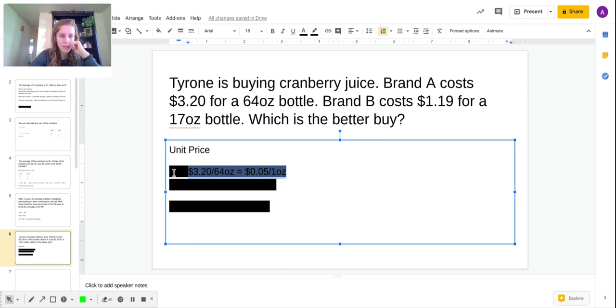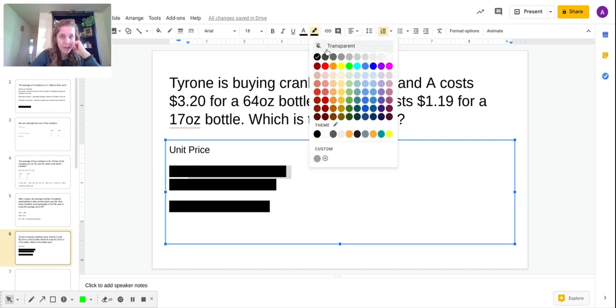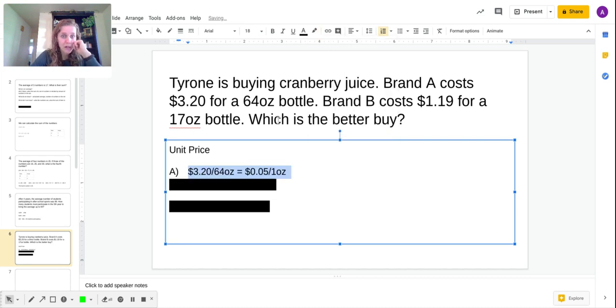So we're going to take $3.20 and divide by 64 ounces. That tells us that brand A will cost 5 cents per ounce.